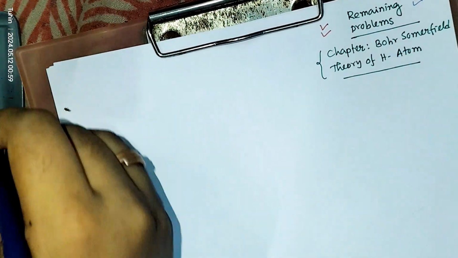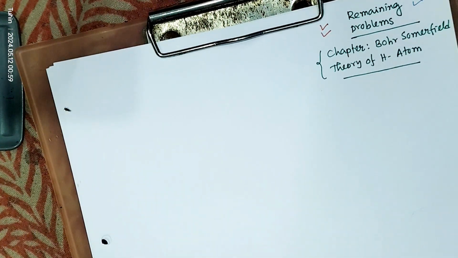Okay, fine. So from Bohr's model, what we know is the expression for the series spectra of one-electron atoms, hydrogen-like atoms.